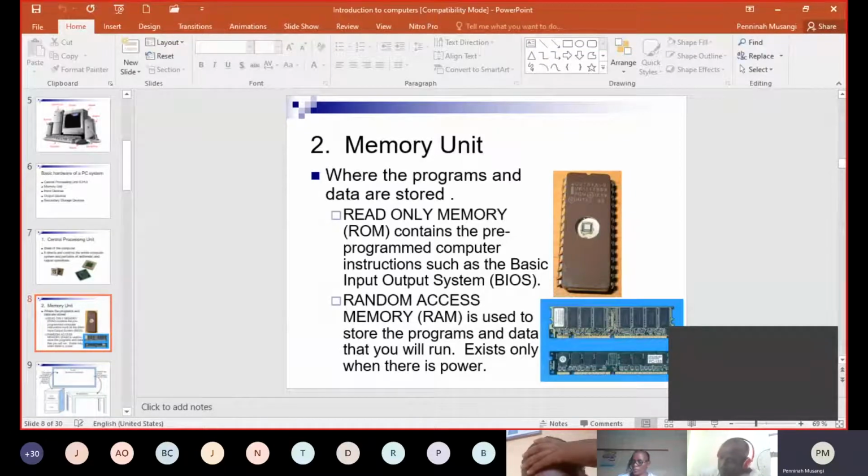They are already pre-programmed computer instructions. An example is when you connect the keyboard to a computer, it recognizes something has been attached to it. When you disconnect, it recognizes that something has disconnected.